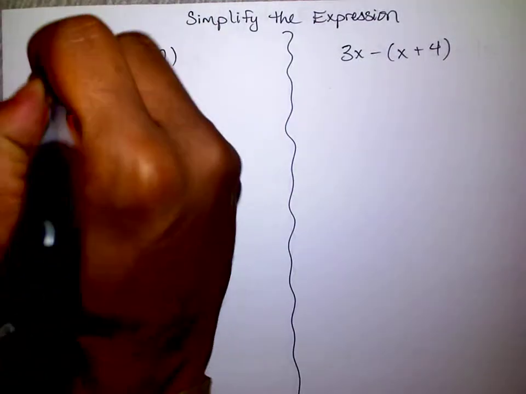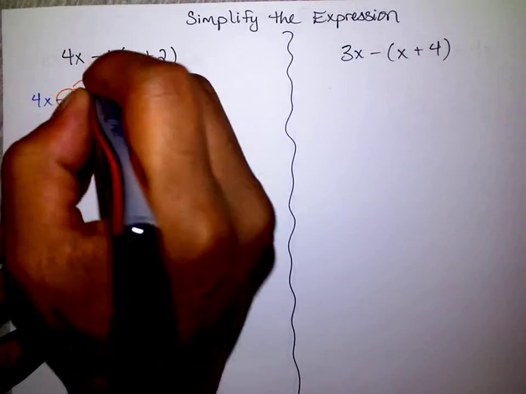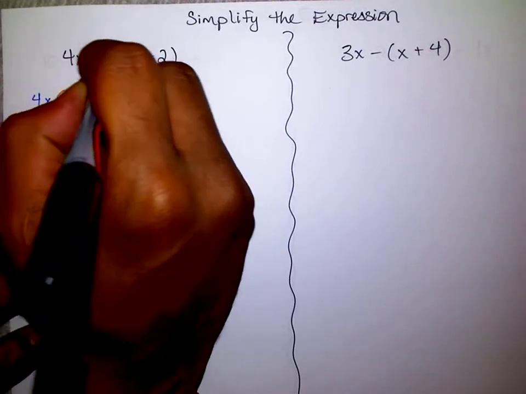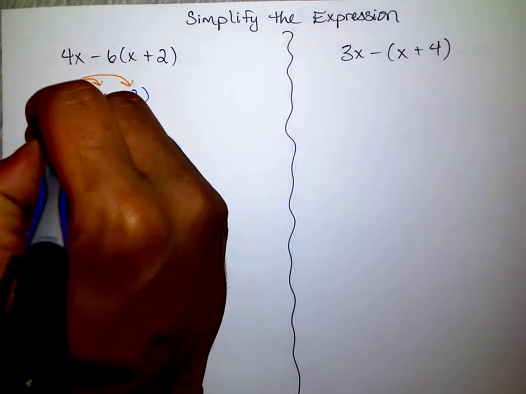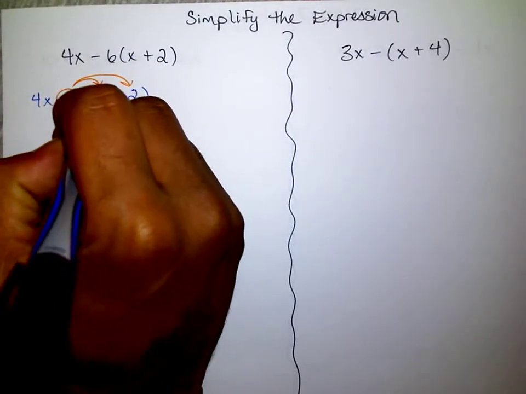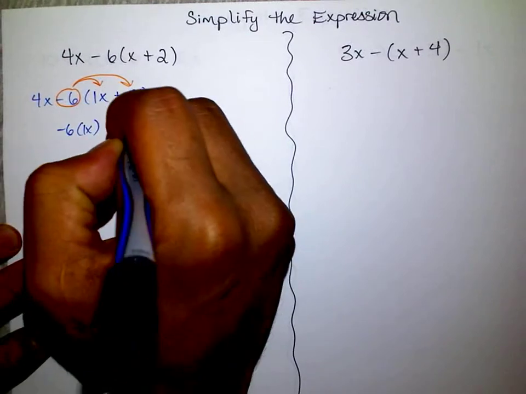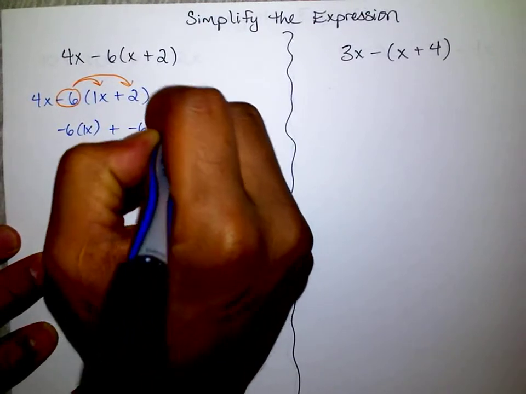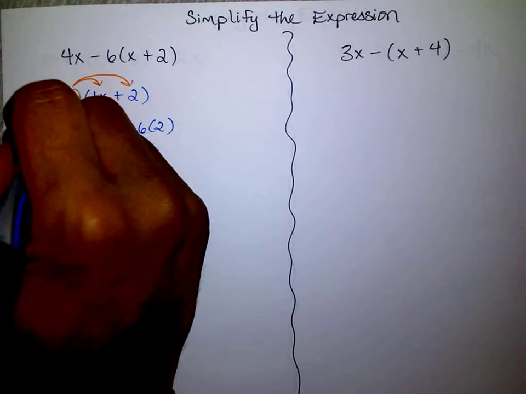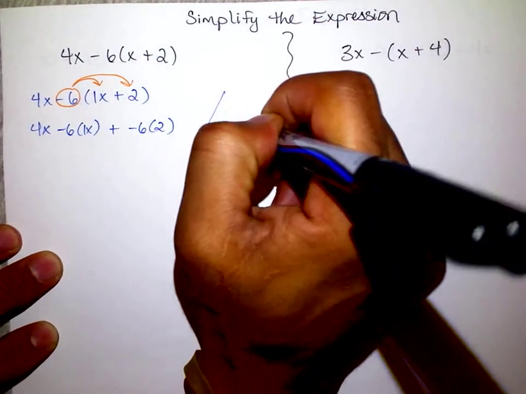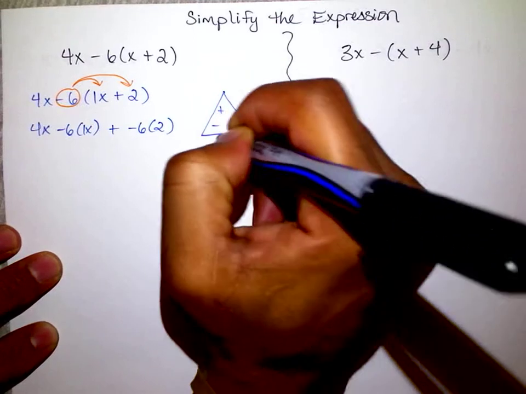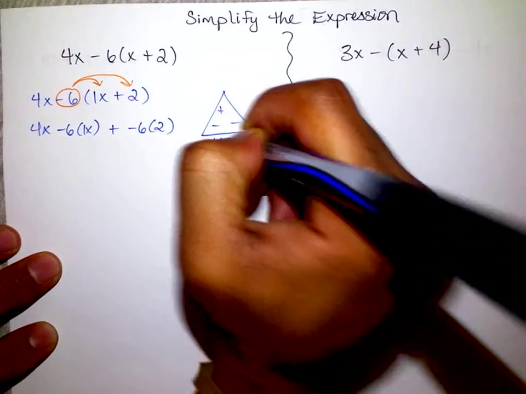We're distributing a negative 6 here to the 1x and to the positive 2. So it's going to be negative 6 times 1x plus negative 6 times positive 2. And the 4x just comes down. We have negative times positives here, so we're going to be using our multiplication and division triangle.